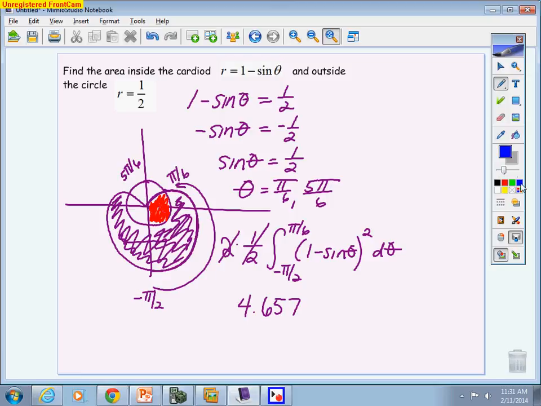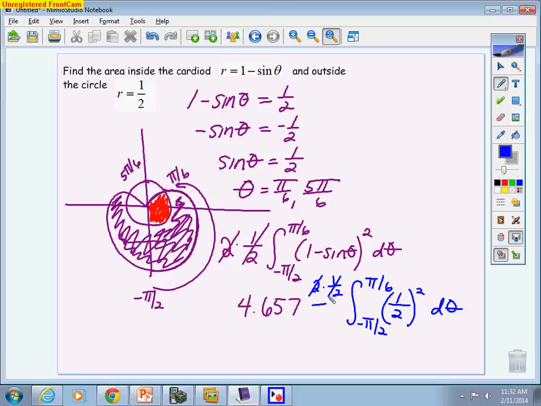So I want to subtract the integral from negative pi over 2 to pi over 6 again, but this time what's in the circle. So my circle has a radius of 1/2, so it would be 1/2 squared, or 1/4. Now I didn't put anything in front, but we know in the formula we have 1/2, but we also know that there are two sides that I want to get rid of, so if you want to write that and then immediately cross out that they cancel, that is fine.